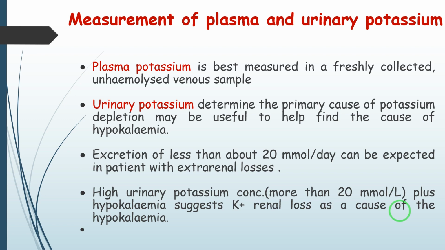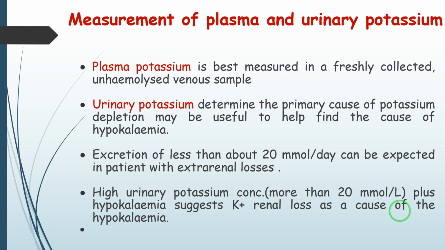But if we have hypokalemia in a plasma potassium sample and the potassium level in the urine is high, then it indicates that the cause of the deficiency of potassium and the low level in the plasma potassium sample is due to a renal cause.